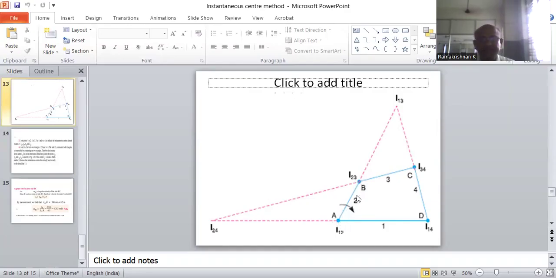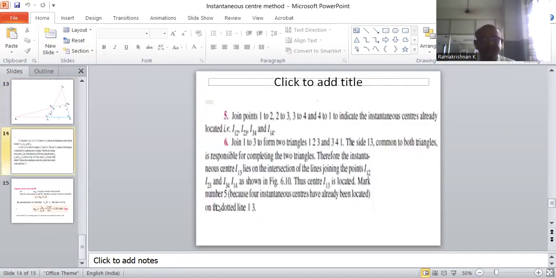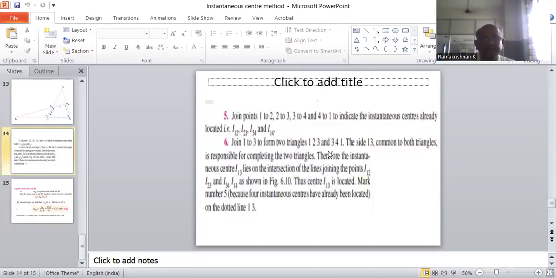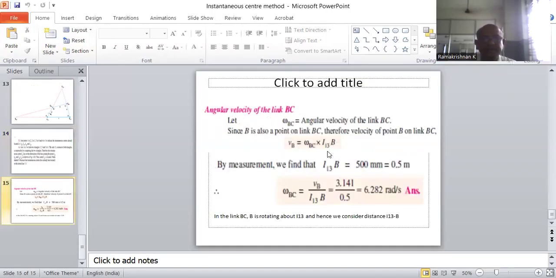Here R is the length of the link AB, and omega is given. So from this, we can calculate the velocity of the point B.